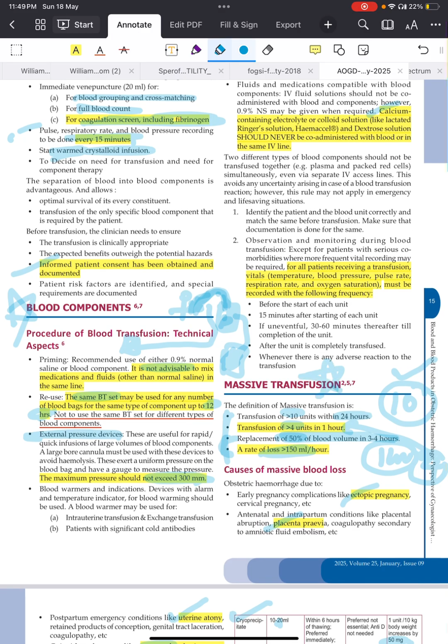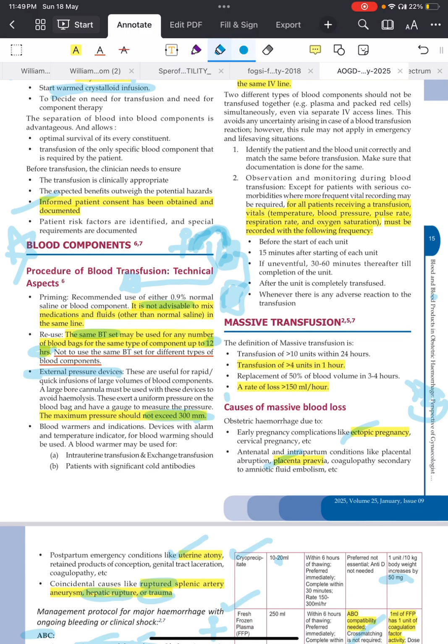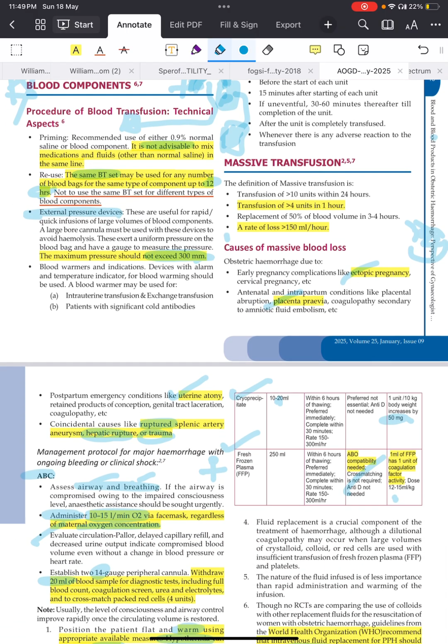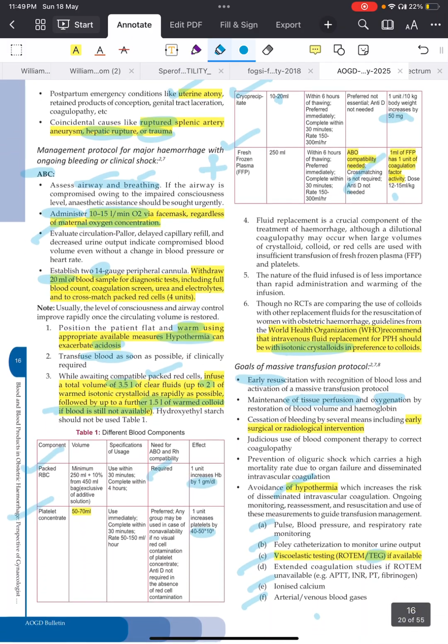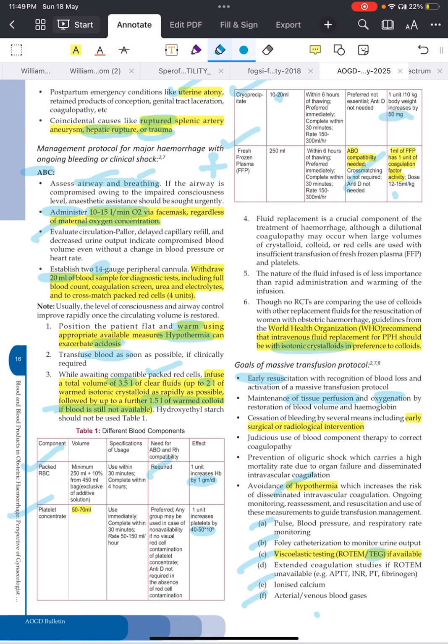Very important. I felt this is massive transfusion. What is massive transfusion? More than 10 units in 24 hours, more than 4 in 1 hour. Then you have rate of loss of more than 150 ml per hour, or replacement of 50% of blood volume in 3 to 4 hours. And what is the amount of platelets and all, how much it will replace.